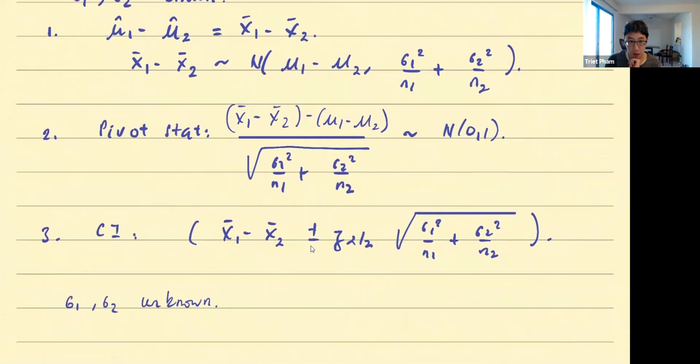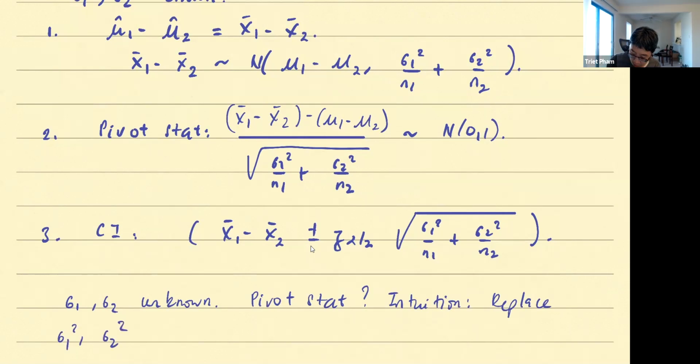So when sigma 1 and sigma 2 are unknown, what do we do? Roughly speaking, intuitively, the question is, what is the pivot stat? Everyone knows that somehow it has to do with replacing these unknown parameters with their estimators.